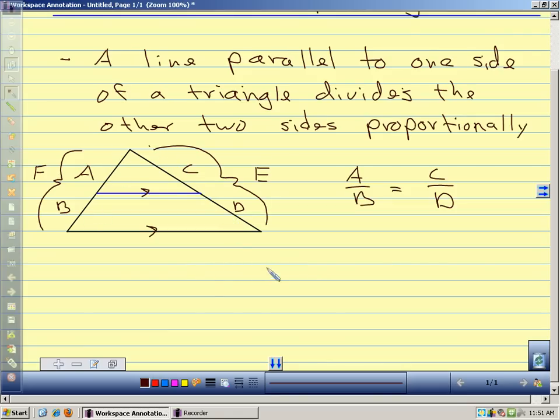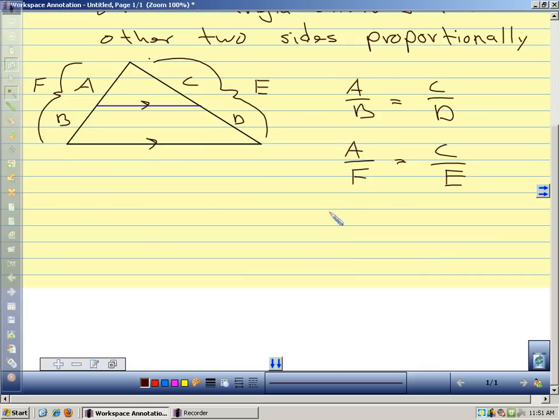I can say that A over F equals C over E. This upper part here divided by the whole length of this side equals the upper part here divided by the whole length of that side. I can say that A over C, the two upper parts, equals B over D, the two lower parts.